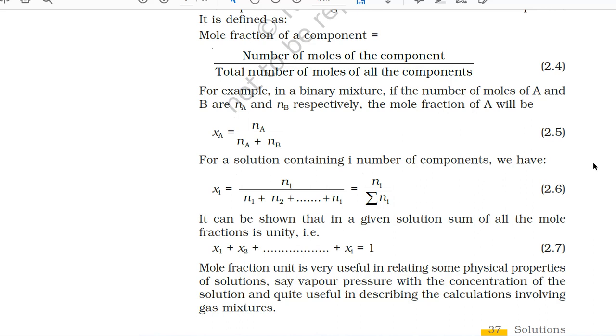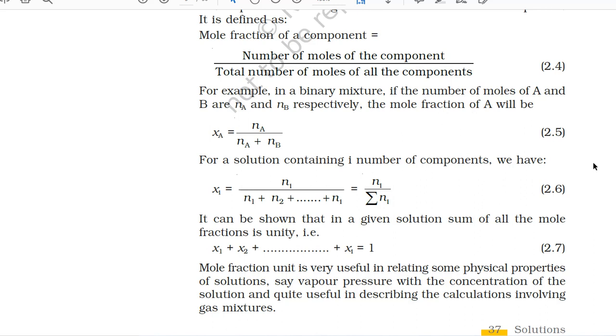For a solution containing i number of components, we have Xi equals Ni upon N1 plus N2 plus dot dot plus Ni, equals Ni upon sigma Ni. It can be shown that in a given solution, the sum of all the mole fractions is unity. That is, x1 plus x2 plus dot dot dot xi equals 1.